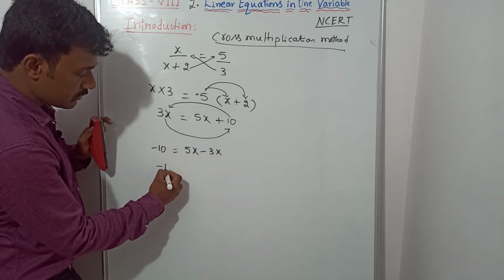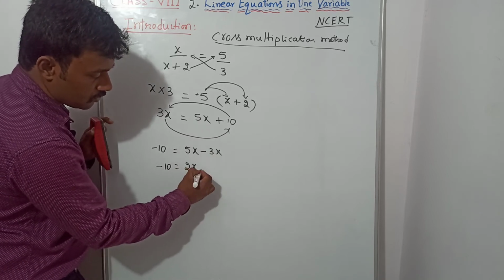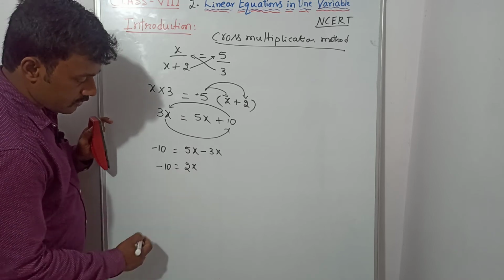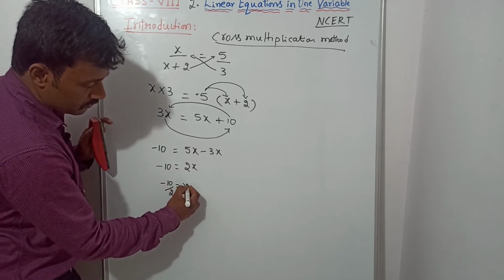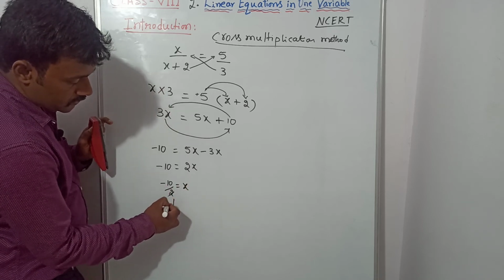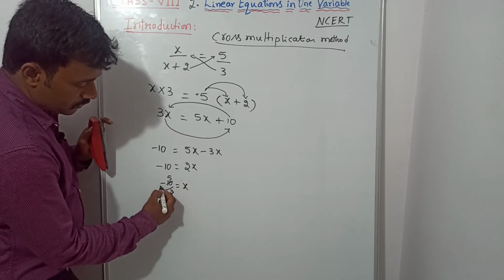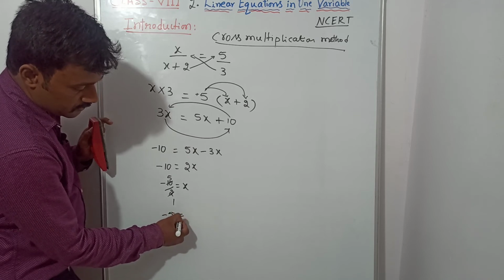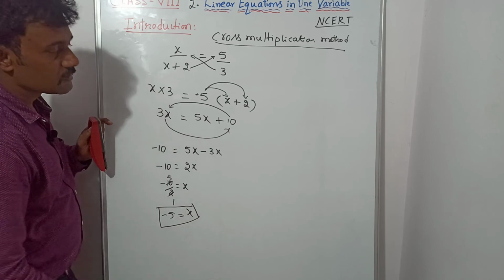Then minus 10 is equal to 5x minus 3x becomes 2x. Then by cross multiplying 2 to the denominator of 10, minus 10 by 2 is equal to x. By dividing 10 by 2, 2 fives are 10. So minus 5 divided by 1 is nothing but minus 5 is equal to x. The x value will be minus 5.